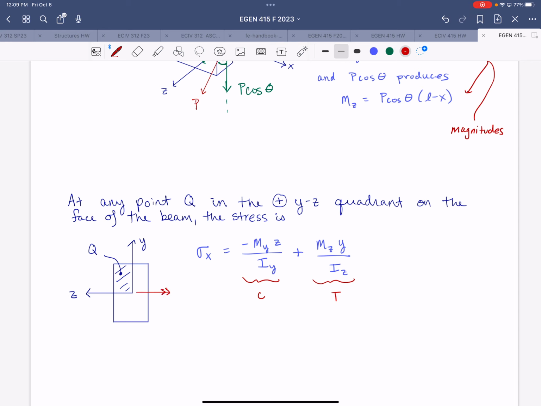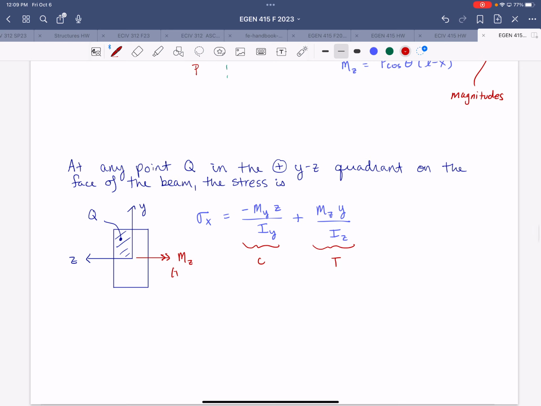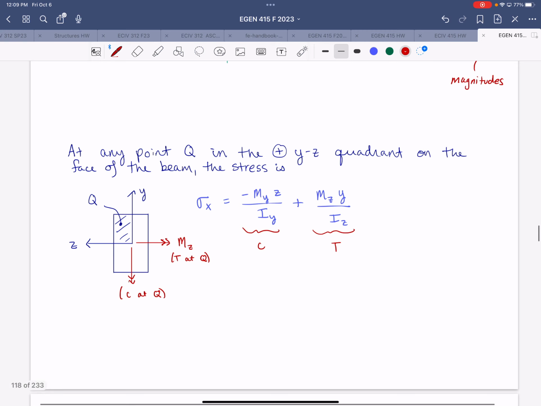The moment about z caused by this load would be in that direction, causing tension at Q. And then the moment about y would be in this direction, causing compression at Q. Forgot to label the My there.